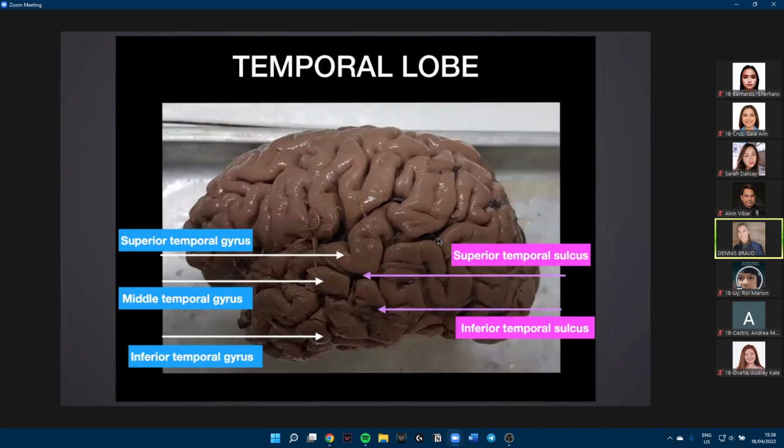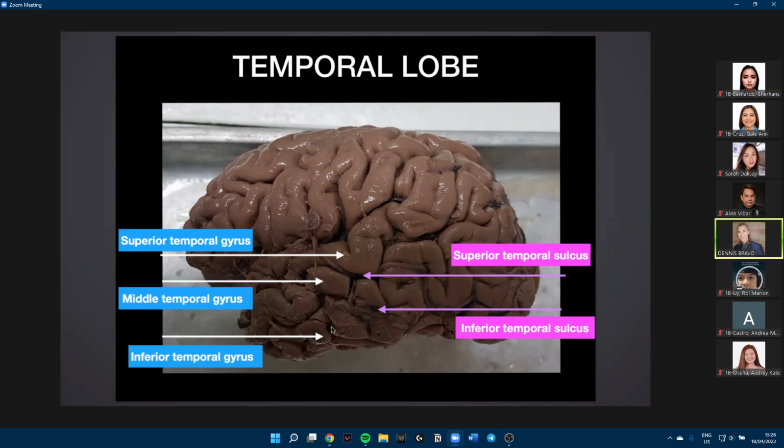Okay, now let's move our discussion to the temporal lobe. Our landmark would be here, the lateral Sylvian fissure. The temporal lobe is divided into three gyri, just like the frontal lobe. There's the superior temporal gyrus and the middle temporal gyrus. And finally, inferiorly, you would find the inferior temporal gyrus.